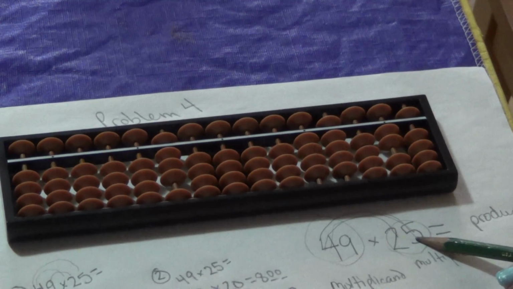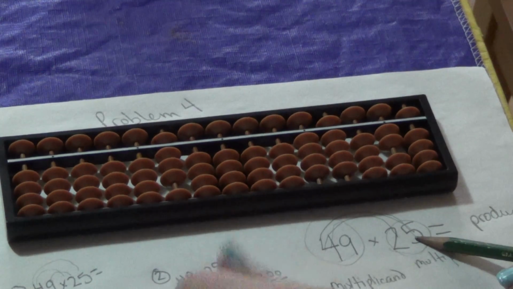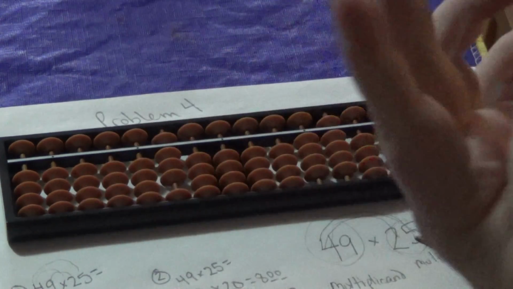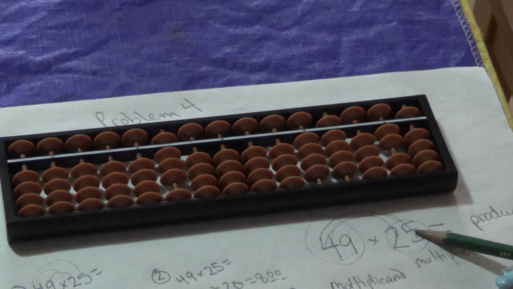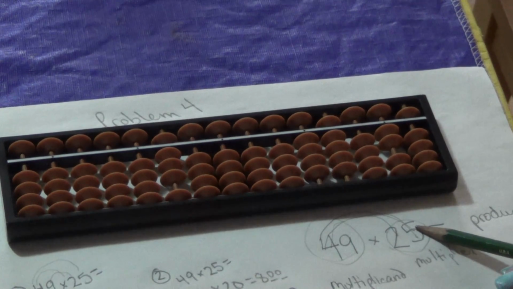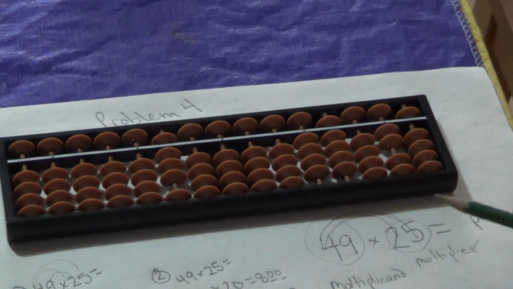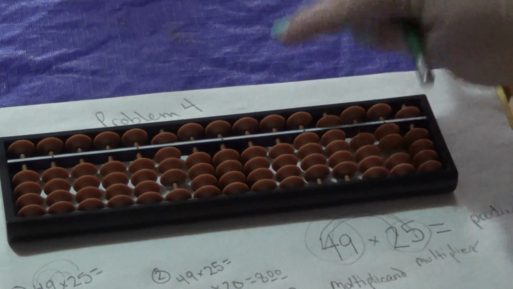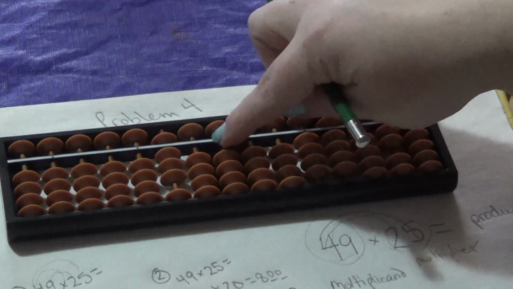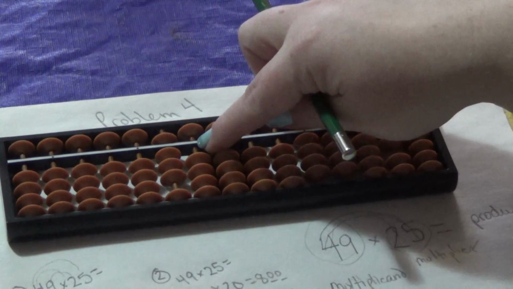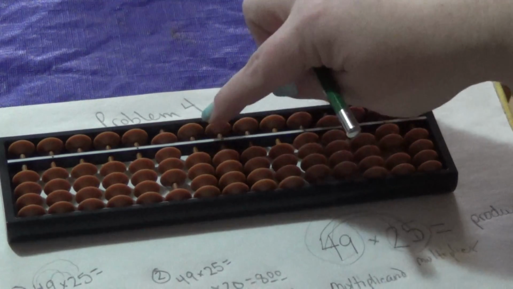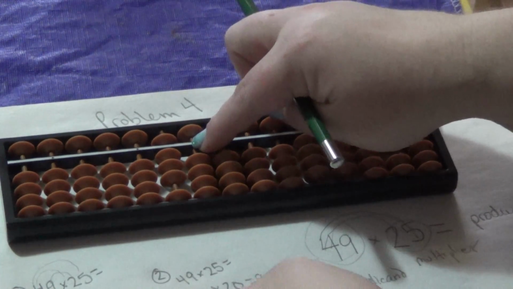40 times 5 is 200. We can count it as 40, 80, 120, 160, 200. We can multiply 4 times 5, which gives us 20. But remember that our 1 trailing zero in our problem tells us we need to move over 1 rod to our tens place, and then we could build our 20. 20 wouldn't fit on our tens rod.